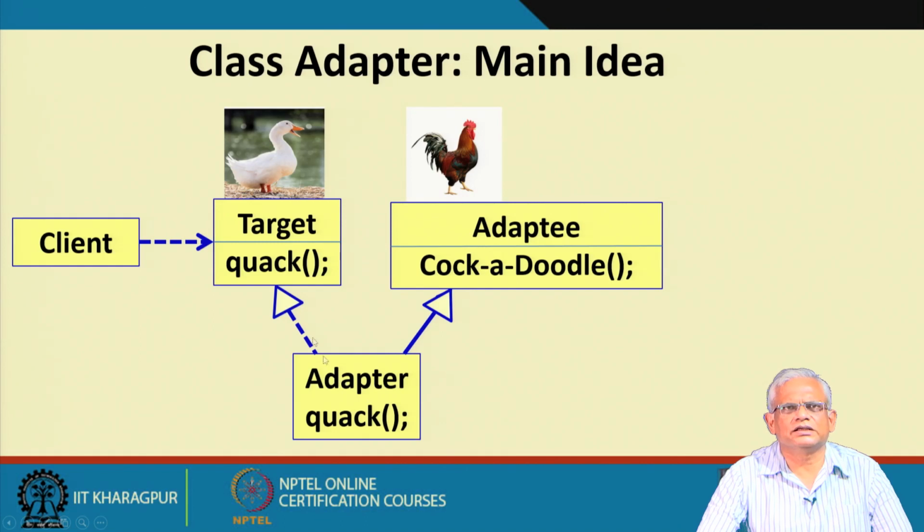The adapter class implements the target interface and is a subclass of the adaptee. So, by being a subclass of the adaptee, it has the method cockadoodle available internally, and it implements the target interface. So, whenever the client calls the quack method on the adapter, it will internally call the cockadoodle method of the adaptee.